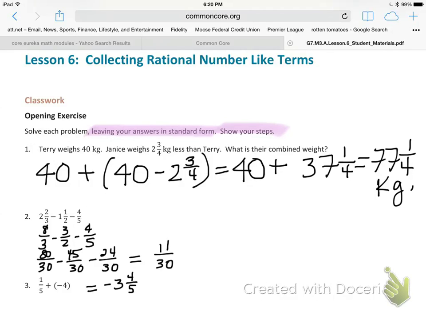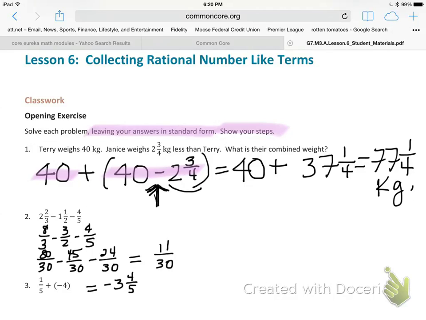And again, we have Terry here. This in the parentheses would represent Janice, because she is 2 3/4 kilos less than Terry. It's a very popular way of writing problems out to use the parentheses.